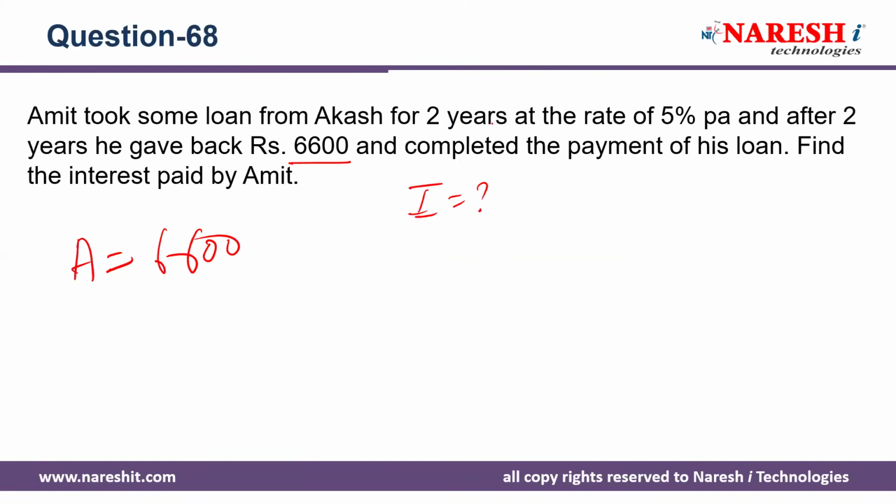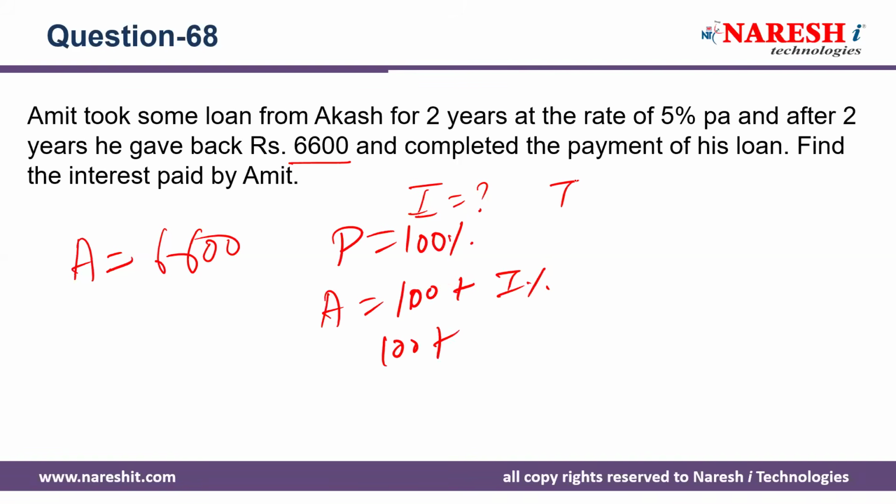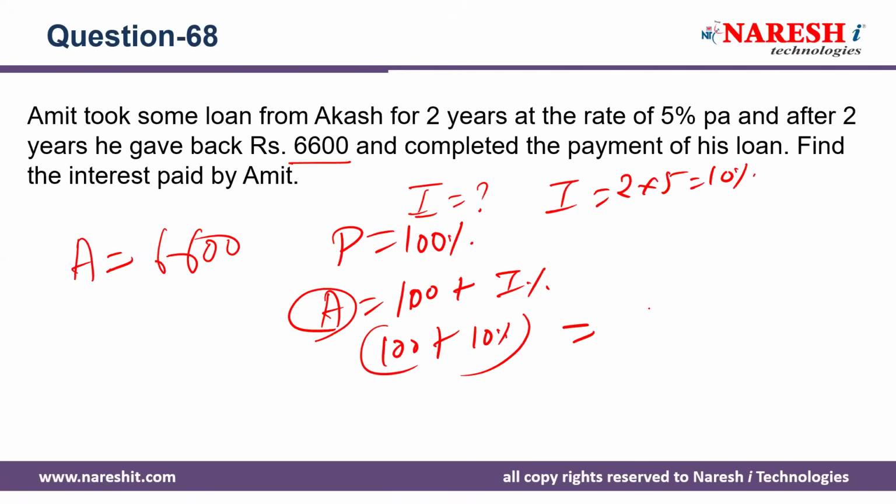First of all, I always told you in simple interest, principal is considered as 100 percent. The amount here is 100 plus the interest percentage. The interest percentage is R into T, that is 2 into 5, 10 percent. So 110 percent is 6,600.